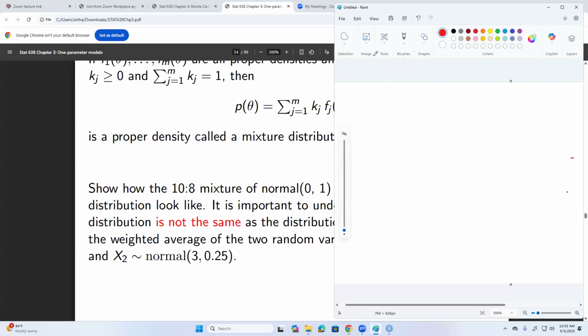So let us say y equals 10/18 x1 plus 8/18 x2.